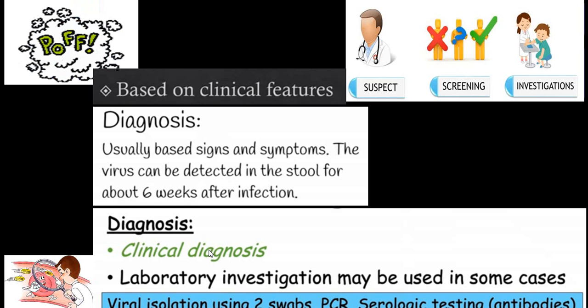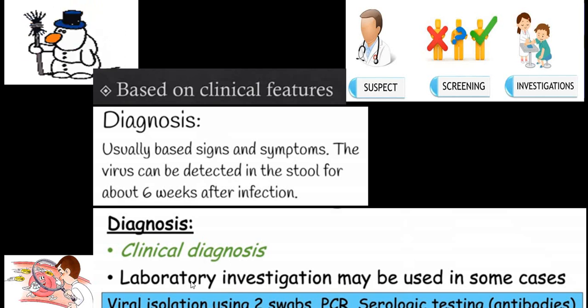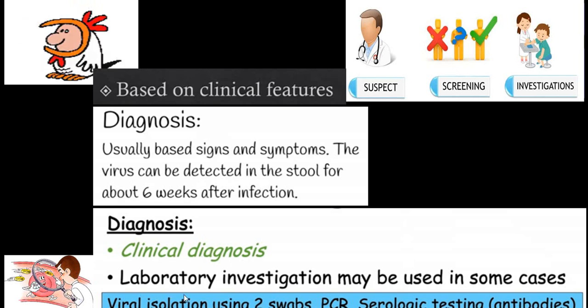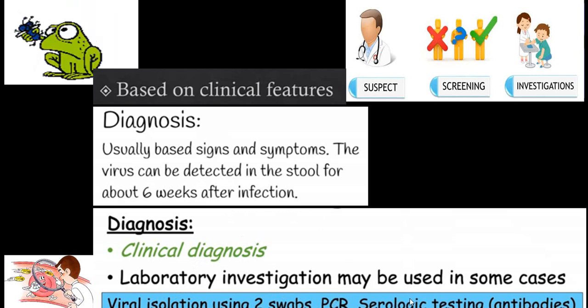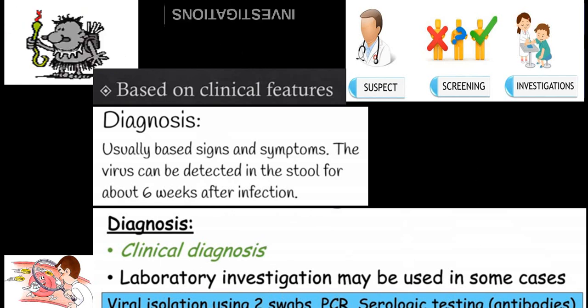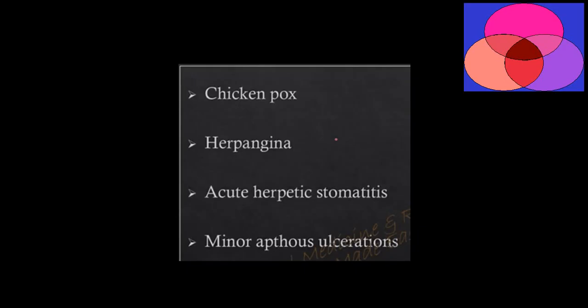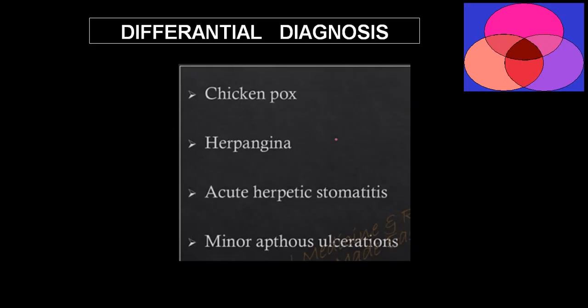So mainly a clinical diagnosis, and you can try to isolate the virus by using a swab from the stool or from the infected area by PCR, or demonstrating a serological test in which you demonstrate the antibody against viruses. Main differential diagnosis is chickenpox, acute herpetic stomatitis, minor aphthous ulcer, and herpangina.